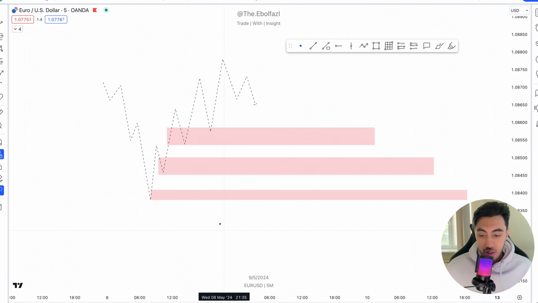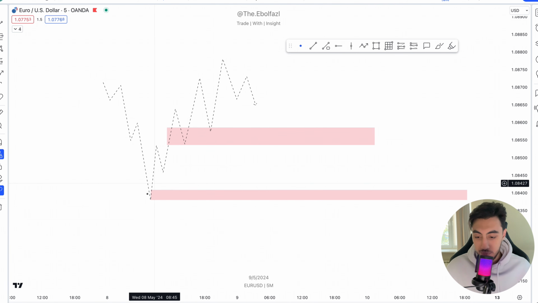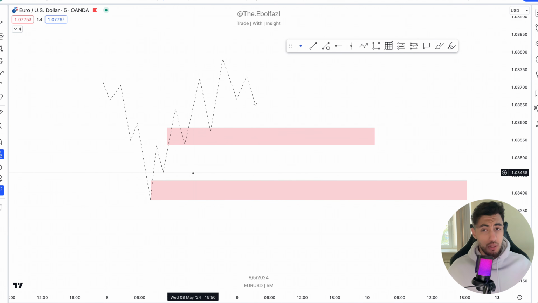Let's say you are stuck between these two POIs here. Just imagine this is a POI.